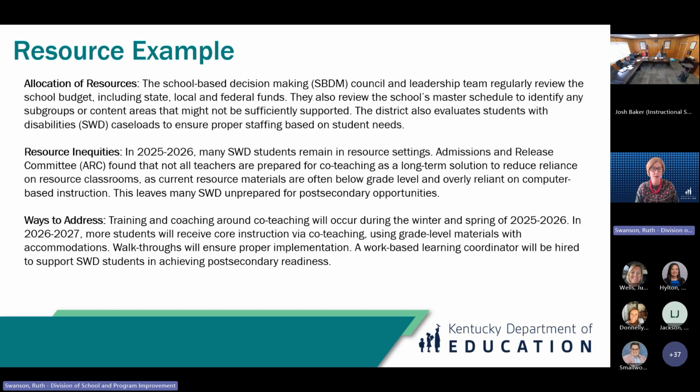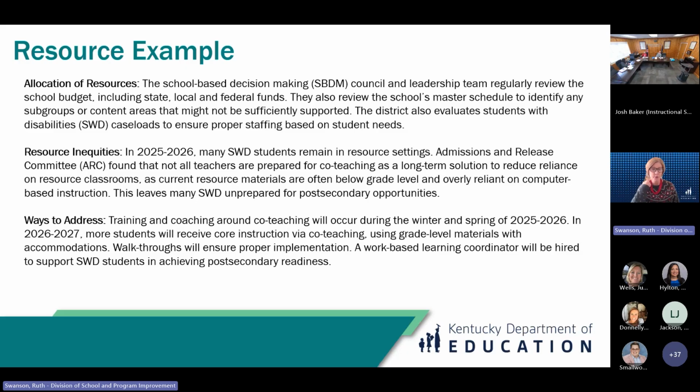In that resource inequities, they also mentioned that staff aren't fully prepared yet to do co-teaching. So one of the ways they're going to address this is by training and coaching in that co-teaching model. They're going to do that during the winter and the spring, with the ultimate goal of more students receiving core instruction through this co-teaching model, using grade level materials with accommodations.